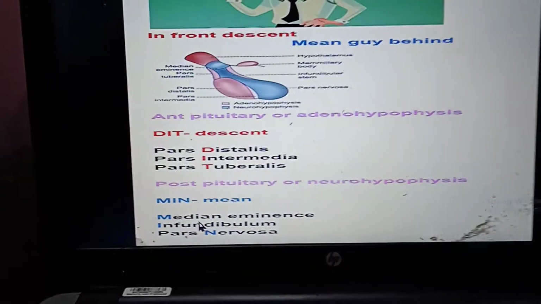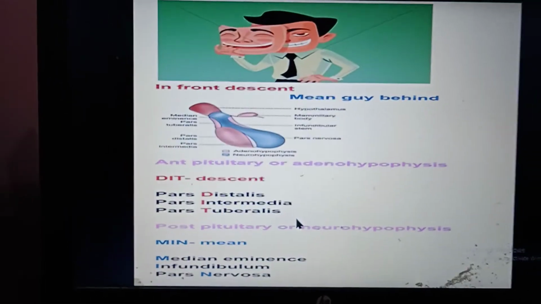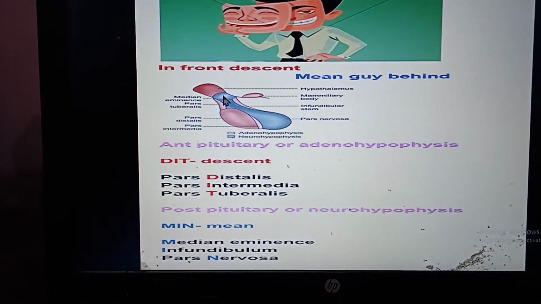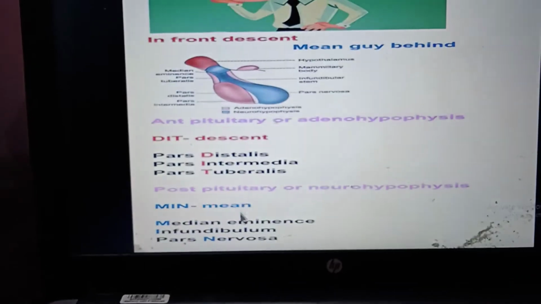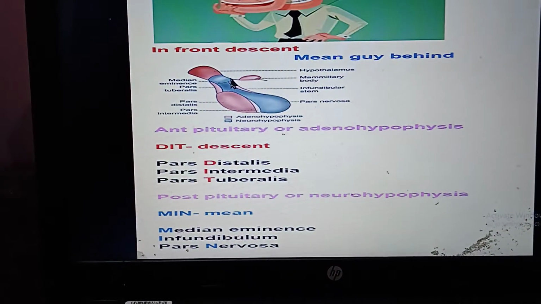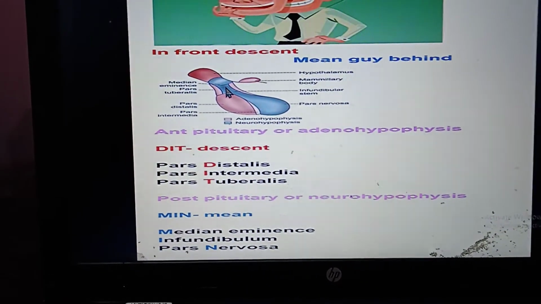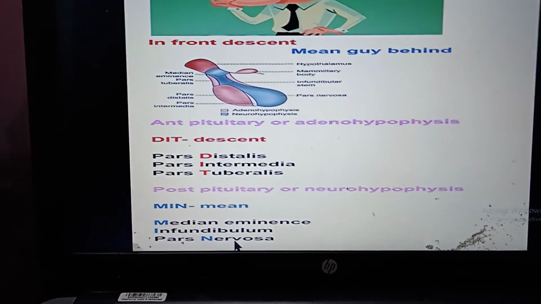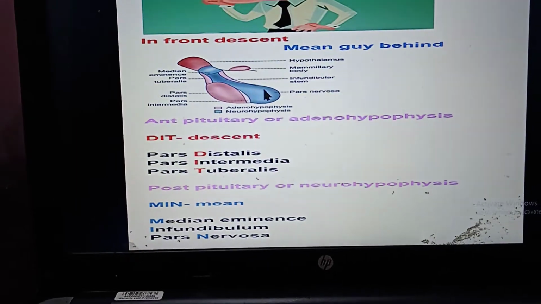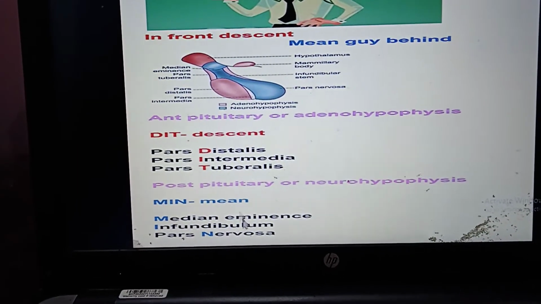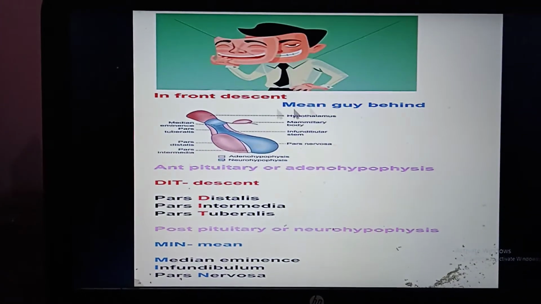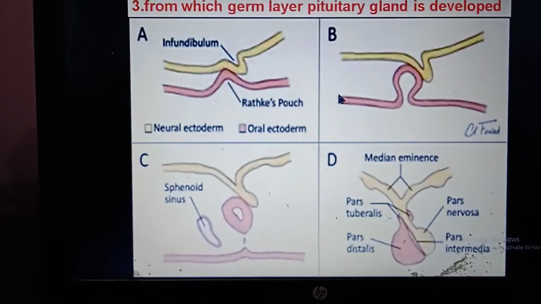So MIN: median eminence, the swollen part in the middle, shown in blue color. Then infundibulum, the stalk-like structure. And then pars nervosa. This is pars nervosa. So in front decent, and the mean guy behind.